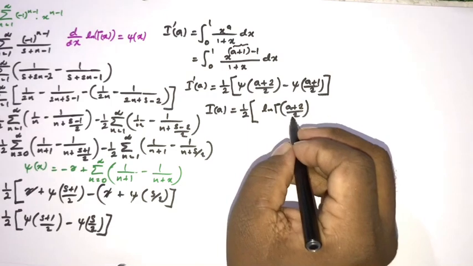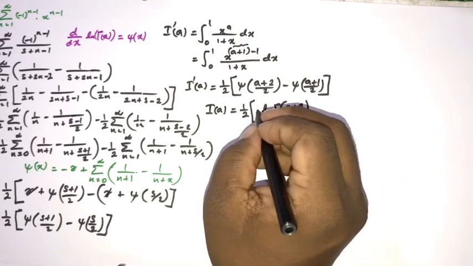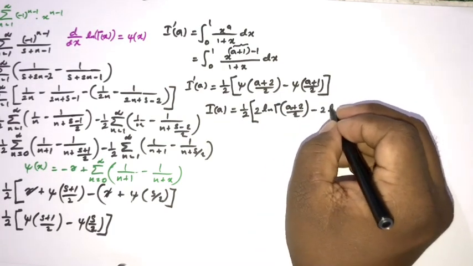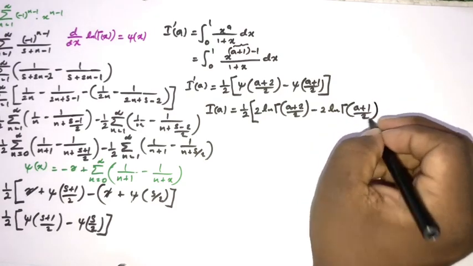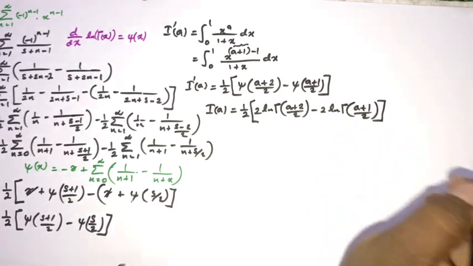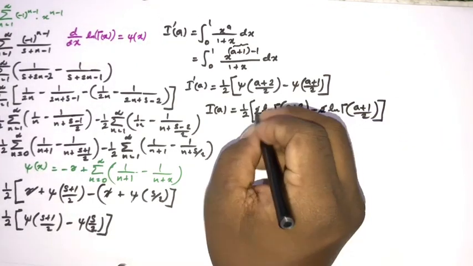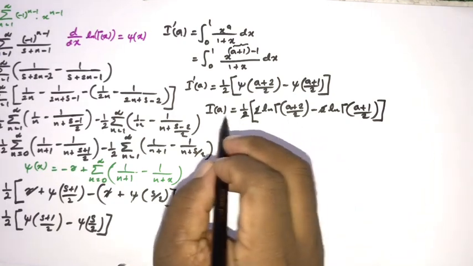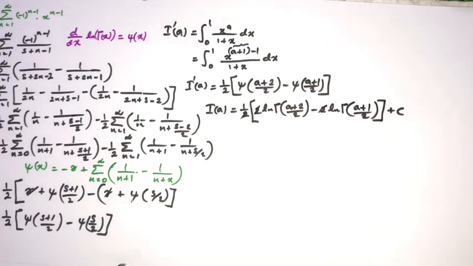So here 1 half, so we should divide by 1 half. It means we should multiply by 2, same as here, 2 times natural log of gamma of a plus 1 over 2. Okay, now we know these two get cancelled, so we have I of a, but here I forgot the constant, so we should find the constant.